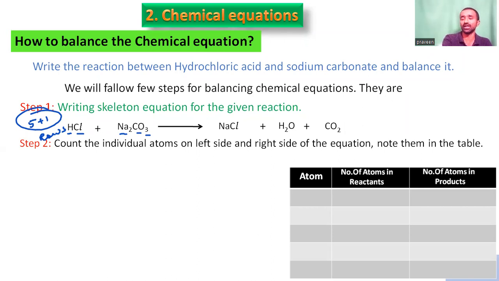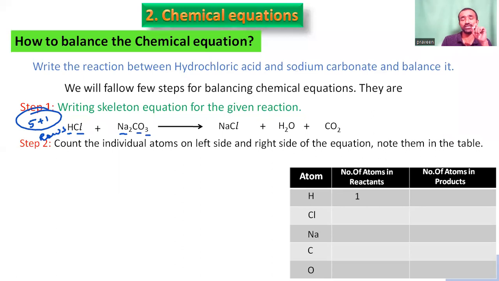Then note down the individual elements or atoms in the given table. Simply we can write H, Cl, following one order from left to right, then Na, C and O. That is completed. No need to verify them again on the right side; counting starts from the left side. Hydrogen count on the LHS: hydrogen is found only in HCl and the subscript is 1, so the count is 1.